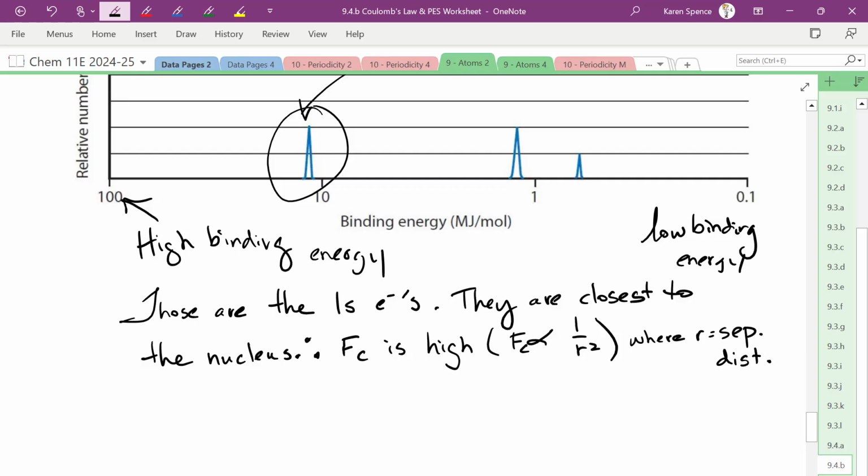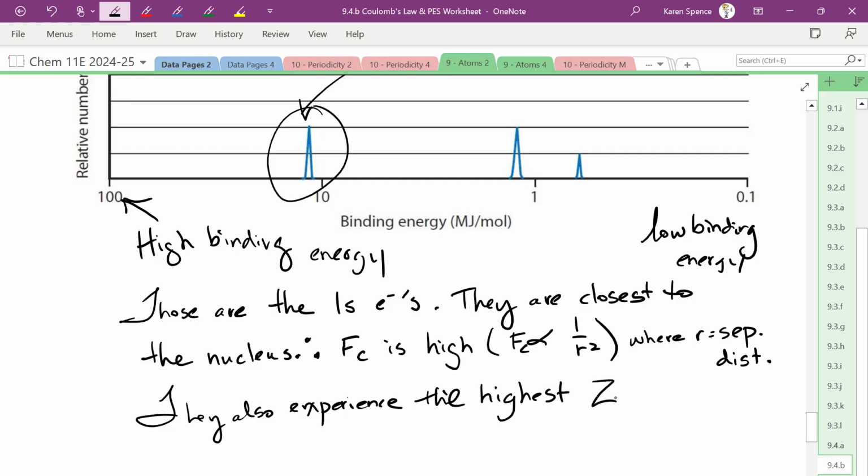They also experience the highest effective nuclear charge, because there are no core electrons to shield the 1s electrons. There are no electrons closer to the nucleus than the 1s.